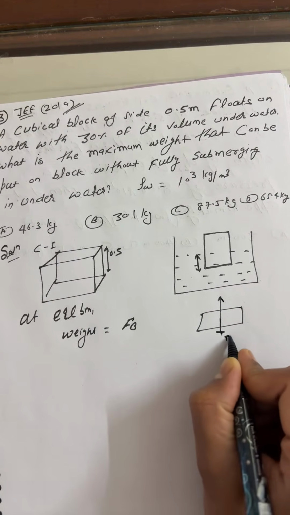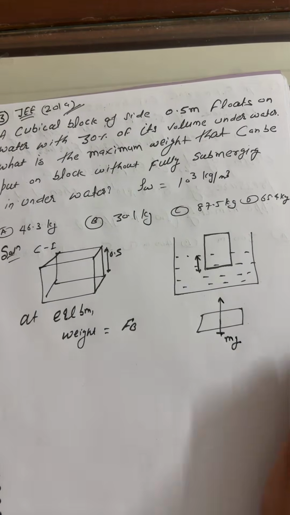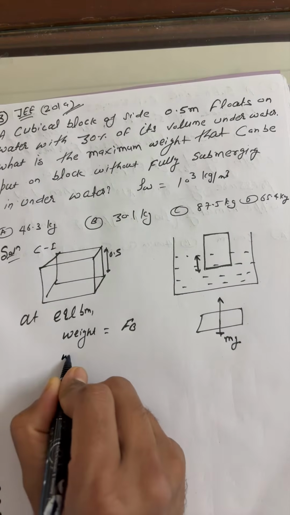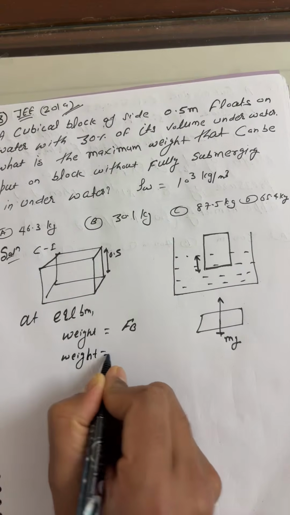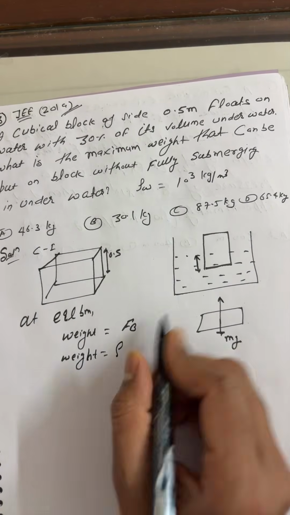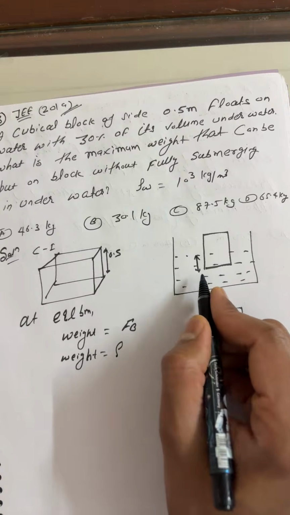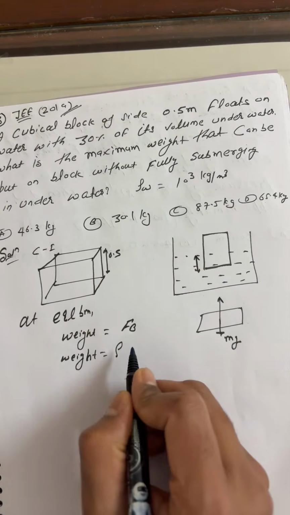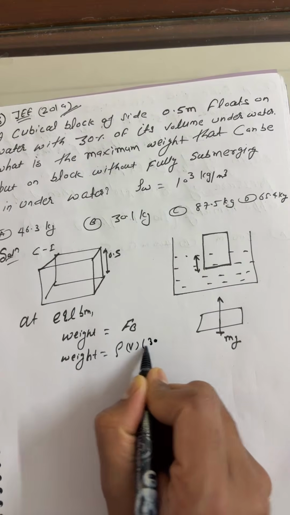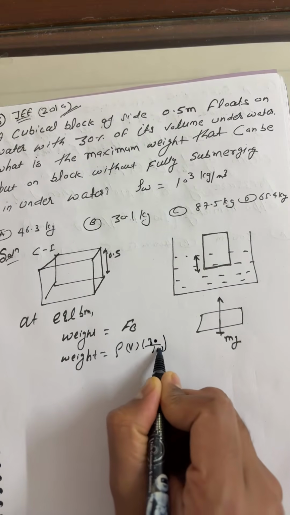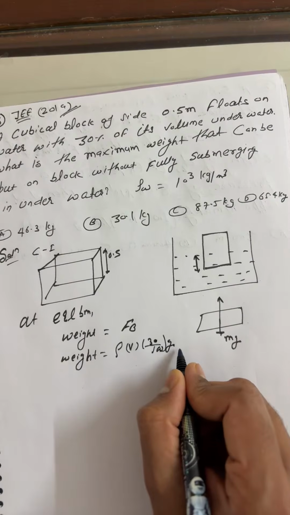Weight is mg. Buoyancy is rho V g, where V is 30% of the entire volume. So V is multiplied by 30 by 100, into g.